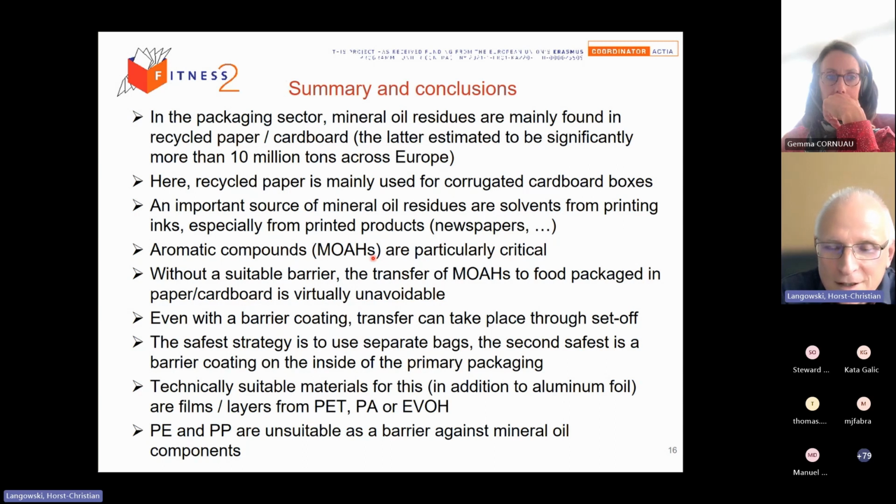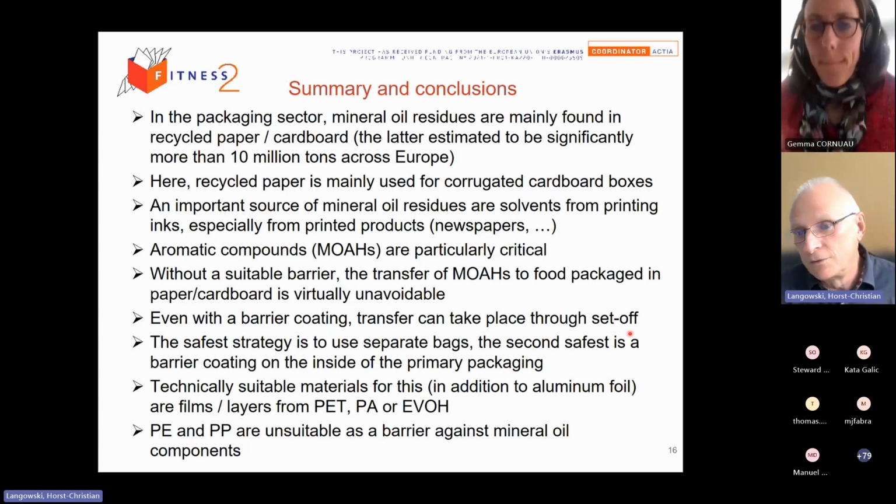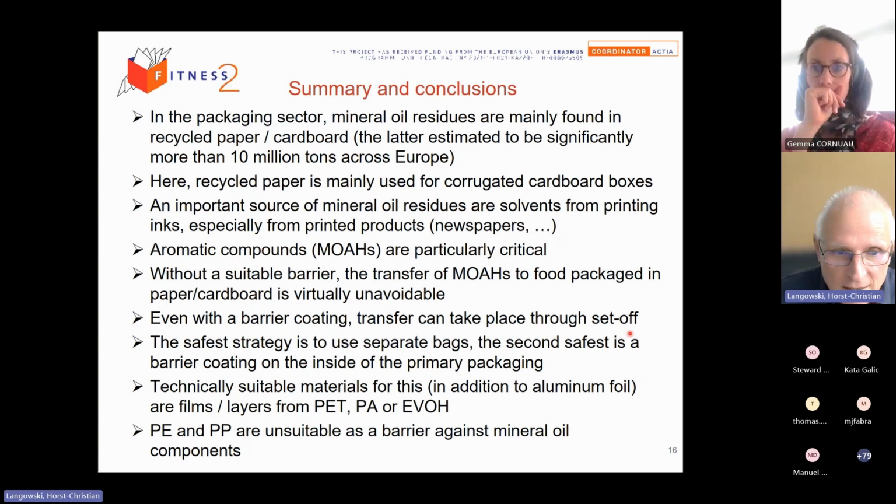And therefore, this kind of substances is usually transferred to the food packed in the paper or cardboard packagings if you do not do anything against this. But even with a barrier coating, you may have the problem of set-off. You have to look for this as well.